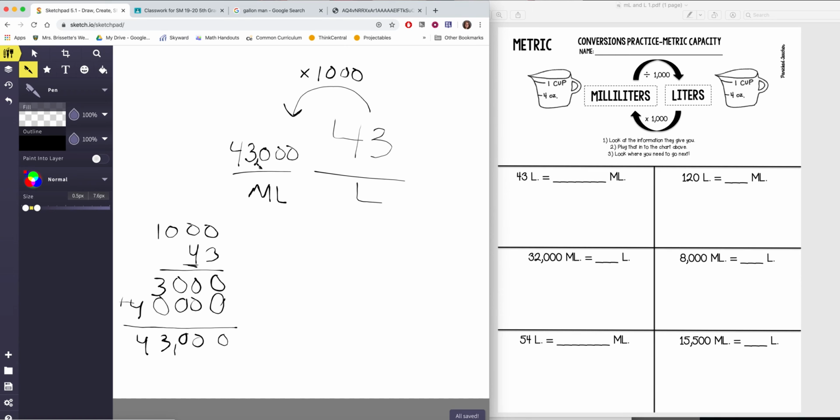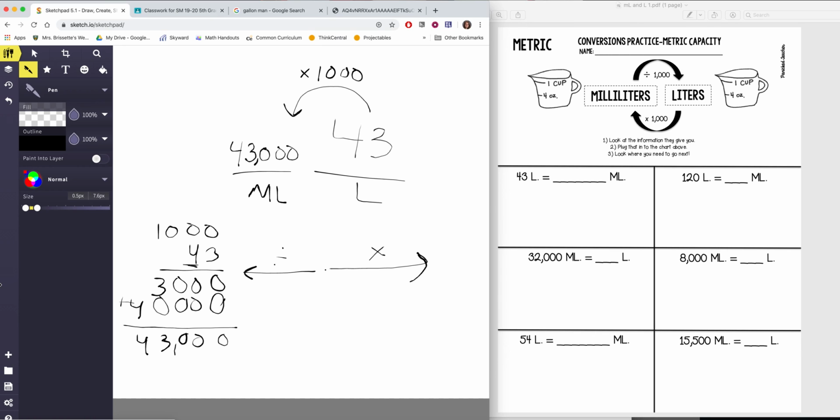You can do it either way to solve, or you could do it one way and check it the second way of moving our decimal point. Just remember that if we're going bigger, we move our decimal point to the right. If we're going smaller by dividing, we move our decimal point to the left. So we just went from a large unit of measure to a small.